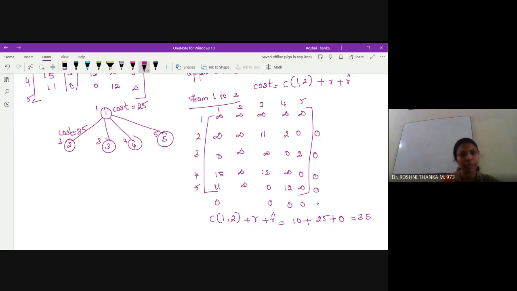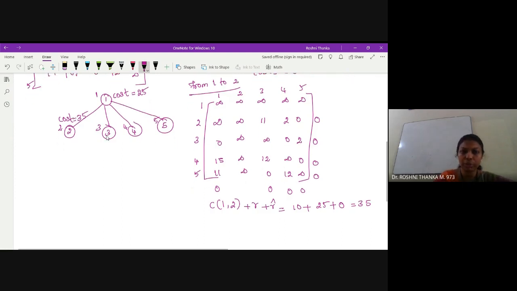Similarly, we have to find the cost of moving from 1 to 3, cost of moving from 1 to 4, cost of moving from 1 to 5, all these things. So as usual, we have to find all these nodes' costs, then only we can find who is the minimum, right?